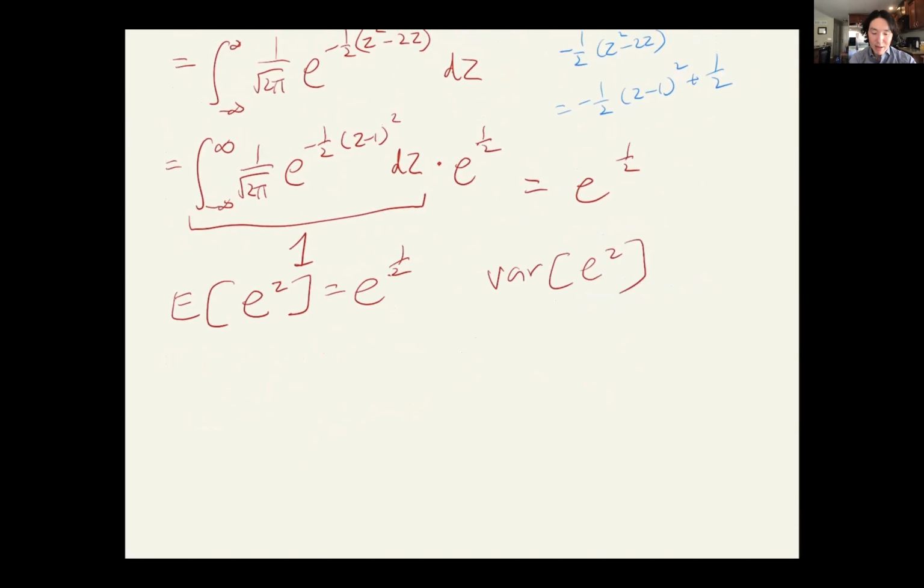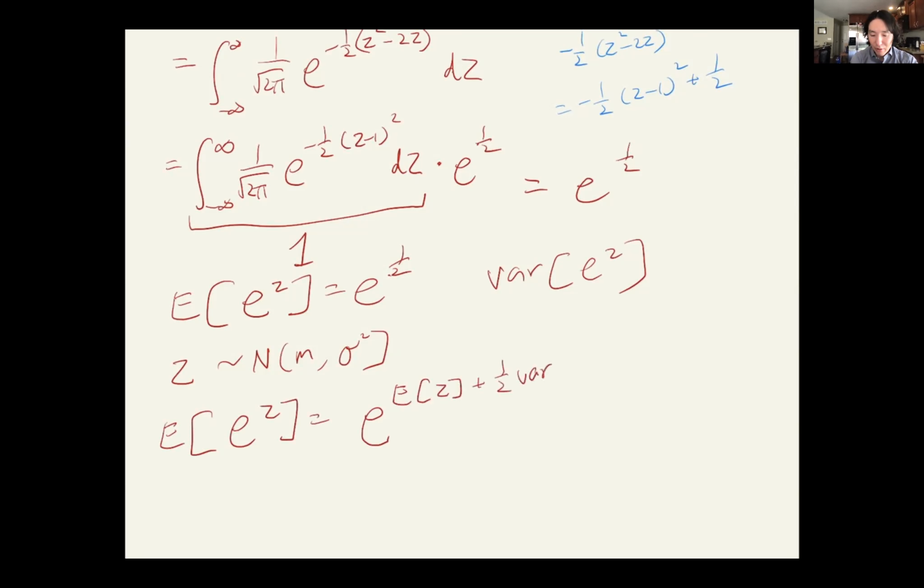More generally, when Z is a normal random variable with mean M and variance sigma squared, then the expected value of e to the Z is e to the expected value of Z plus a half of the variance of Z, which is e to the M plus a half of sigma squared. This is a very, very important result.